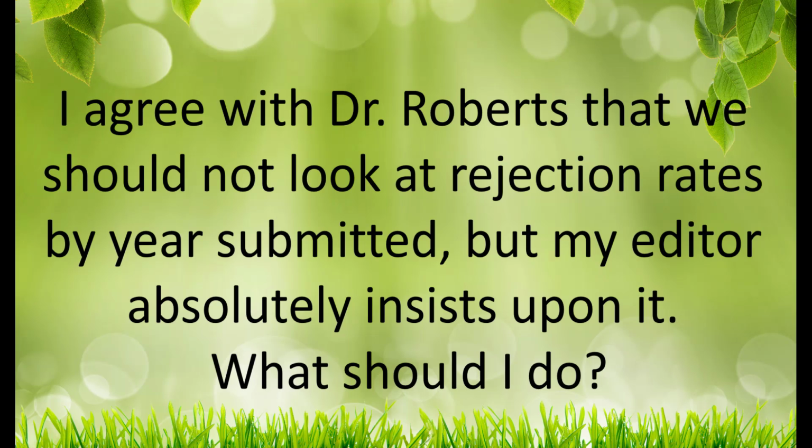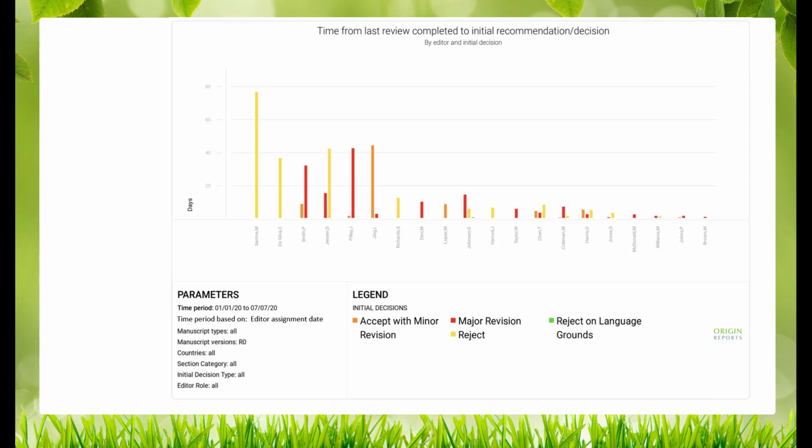Another thing that you absolutely want to do on your chart is to record somewhere what date you're basing the time frame on. If you have been reporting, say, your rejection rate by submission date, and you convince them that it's more stable to report it by the year that the decision is made, make sure you're recording it somewhere.